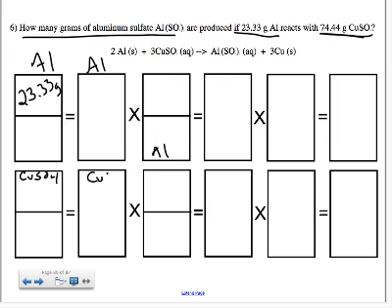CuSO4 as my known. In both cases, aluminum sulfate, and I'm just going to write it on the first box here, is my unknown. Okay, so that's true in both the top and the bottom set of boxes.